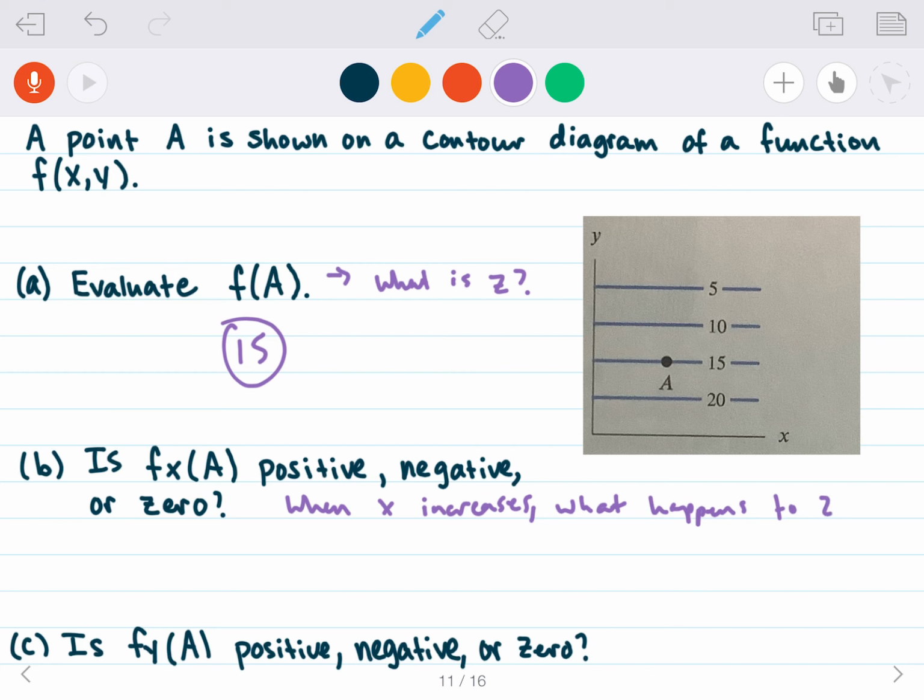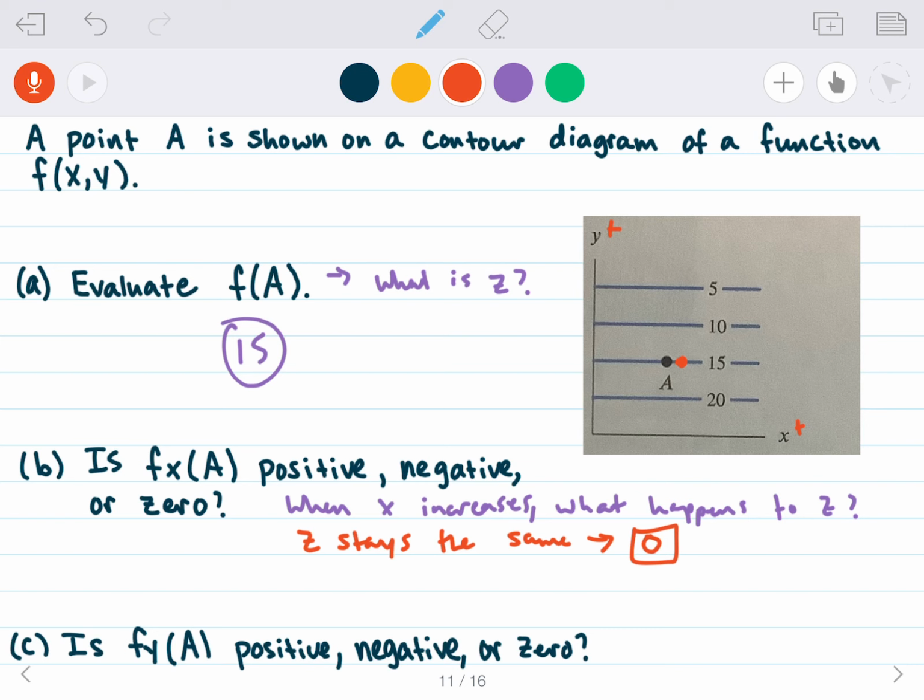At A, if we move a little bit to the right in the x direction, what's going to happen to z? Well, z is still going to be 15, right? We didn't move to the next contour line. So the answer is z stays the same, and so the slope is going to be 0. When x increases and z stays the same, the slope is 0.